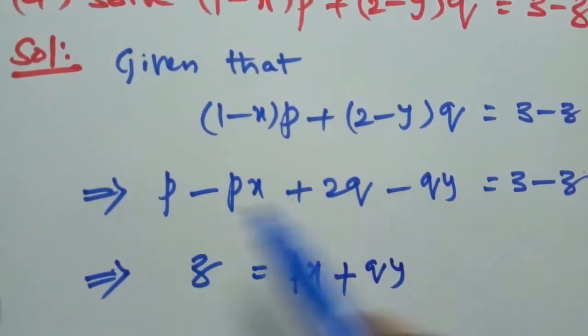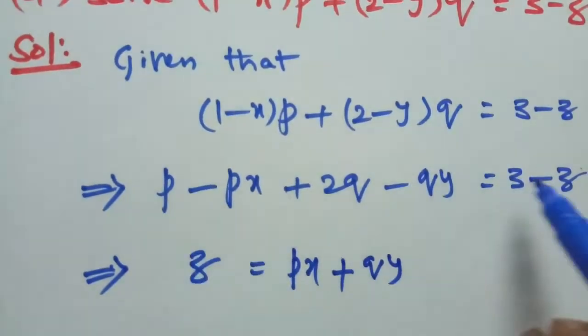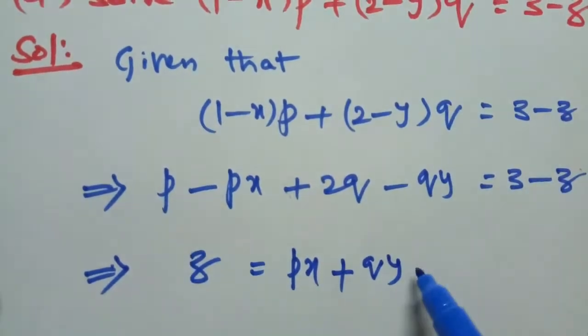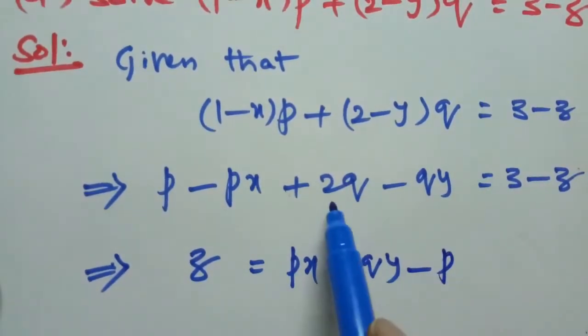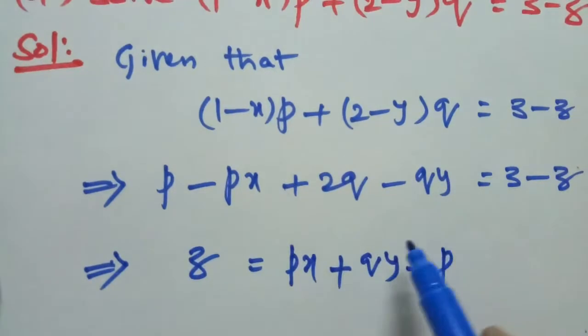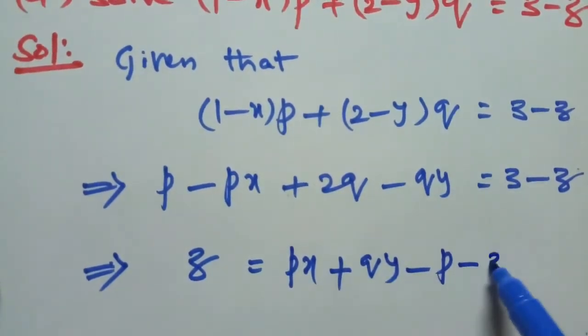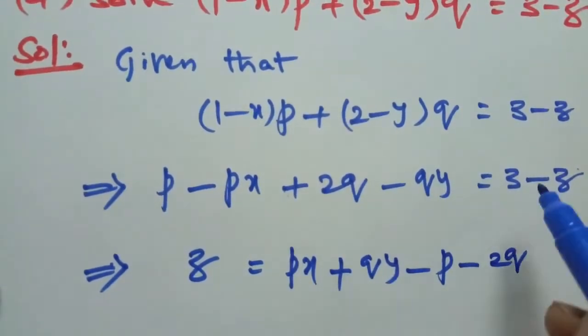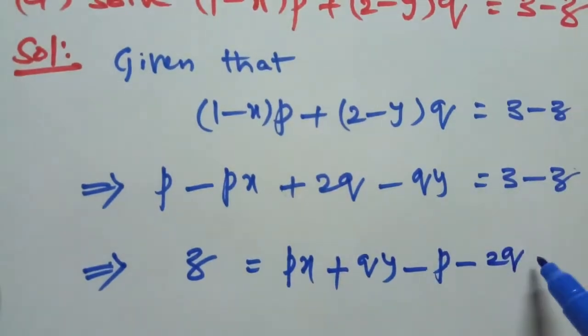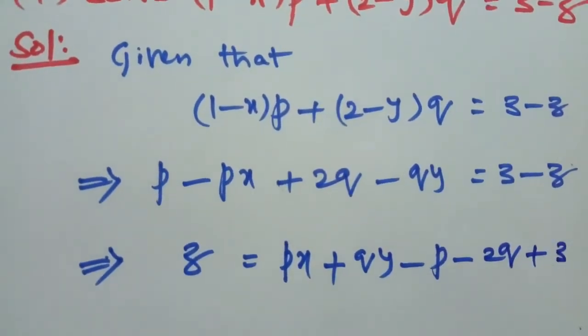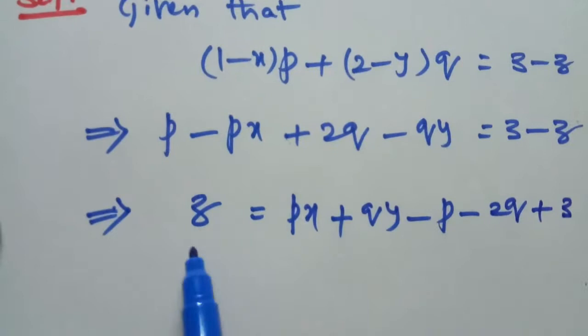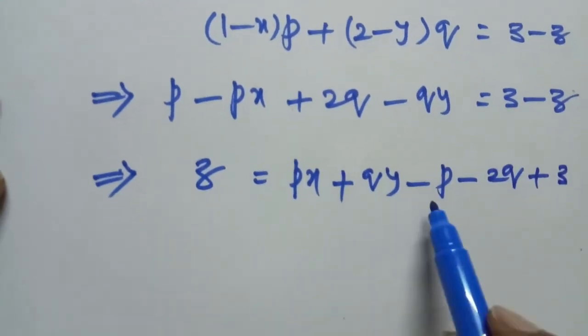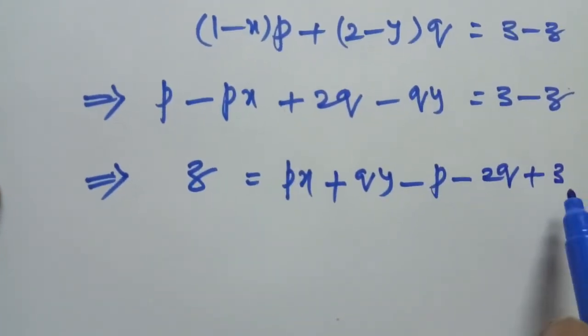Minus p becomes plus p, and plus 2q becomes minus 2q. 3 is already in the right hand side, therefore there is no change in the 3. So, therefore, z is equal to px plus qy minus p minus 2q plus 3.